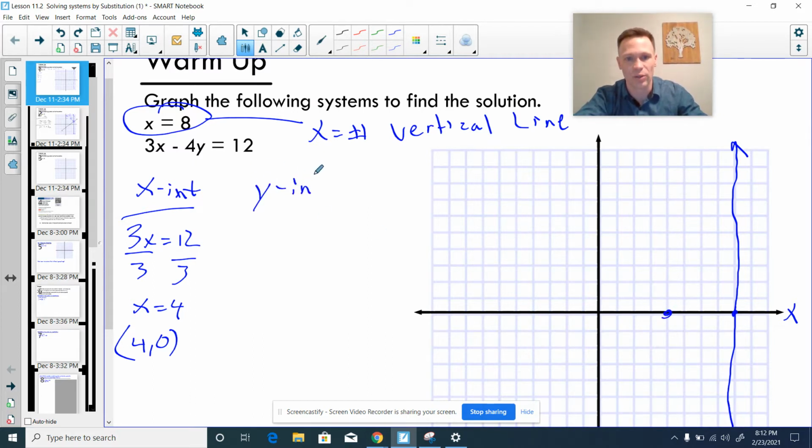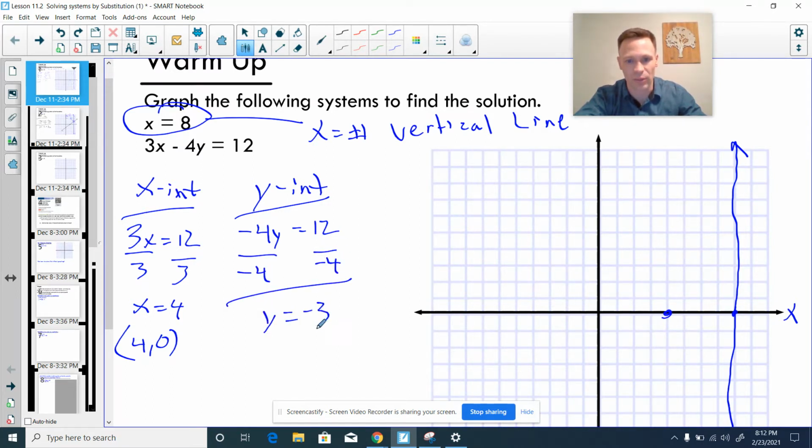If I'm finding a y-intercept, remember, 0 goes in for x, and so I have -4y is equal to 12 because 3 times 0 is just 0. Okay, and then I'm dividing by -4, and I get y is equal to -3. So my y-intercept is 0 comma -3, which is down here.